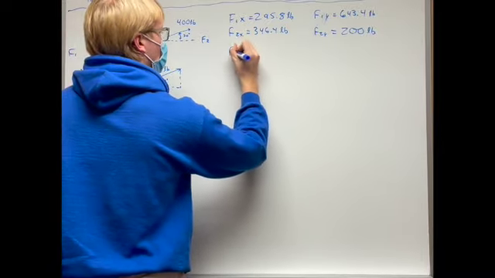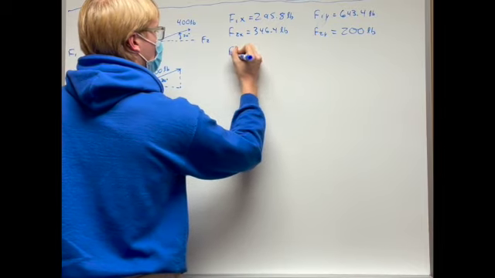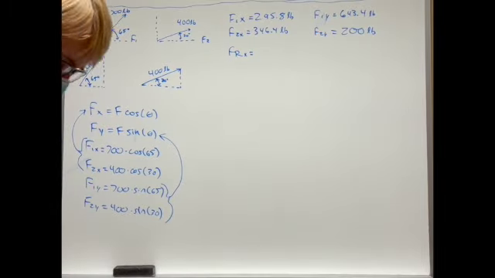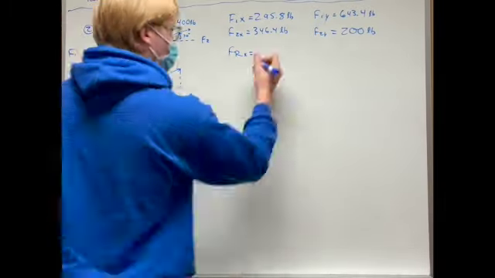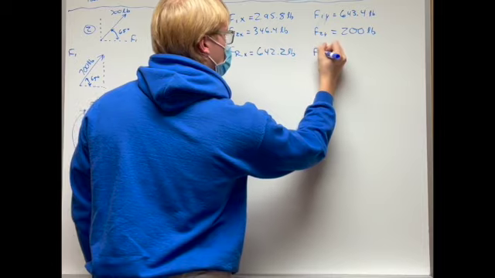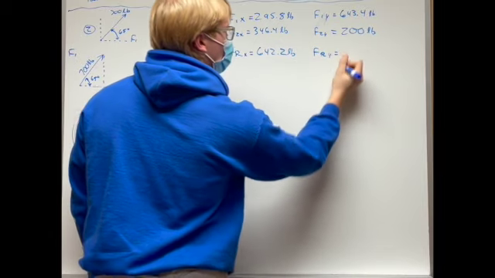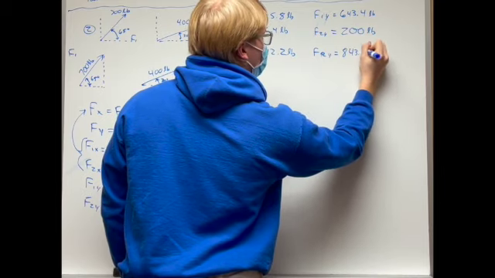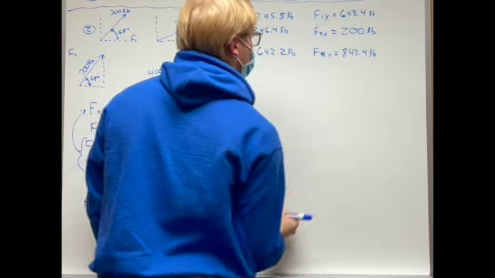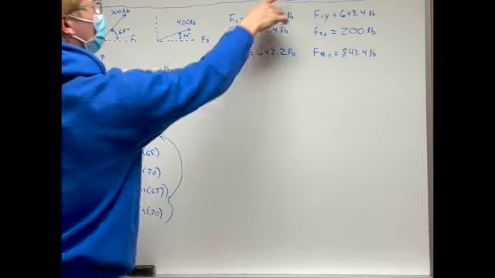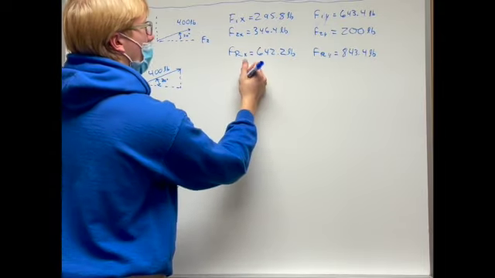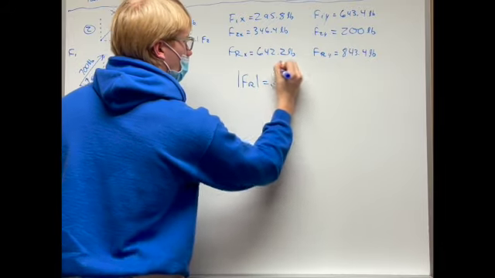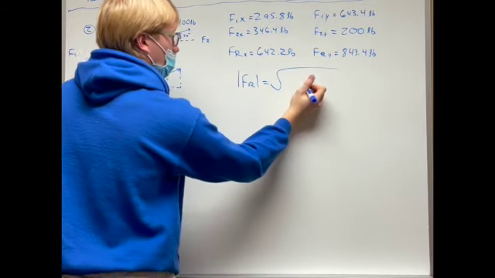So FR of x is going to be those two numbers added up. Same goes for y. Then we're going to find the FR by taking the square root of these two numbers squared.